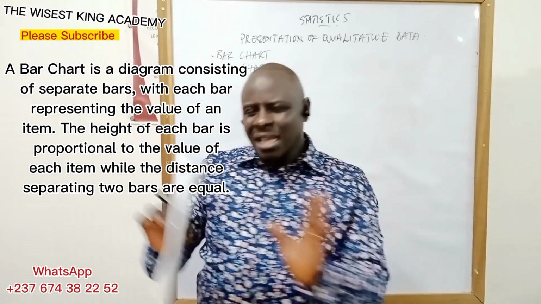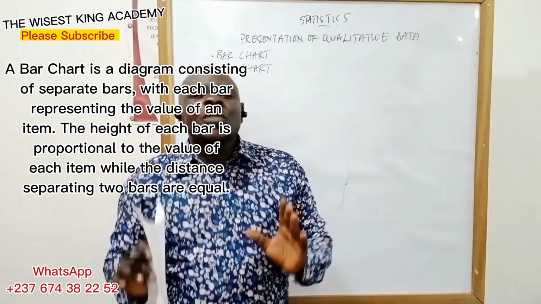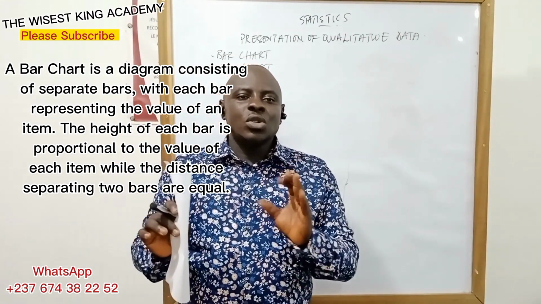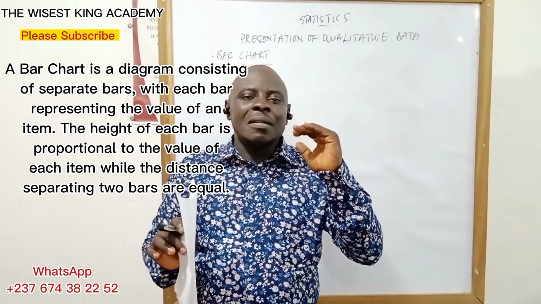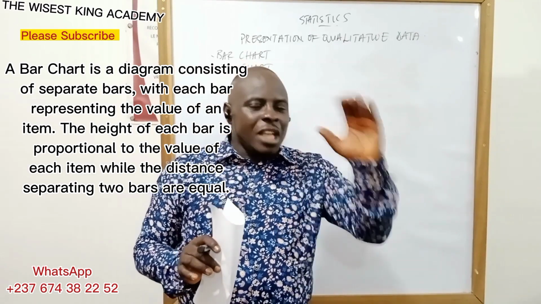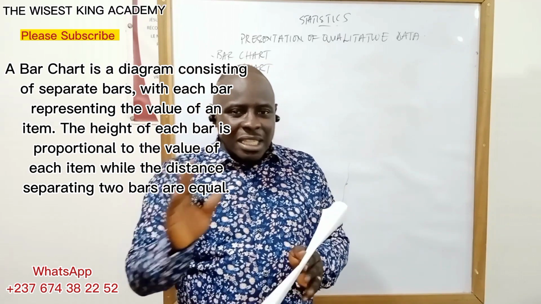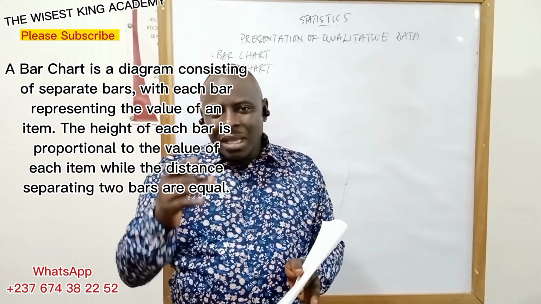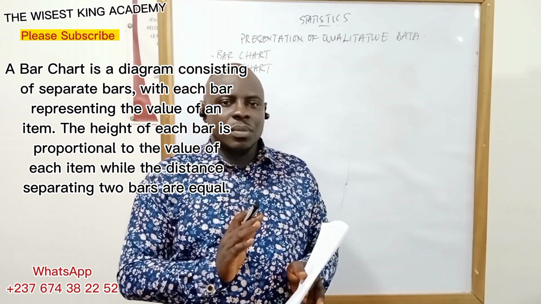Now, the height of each bar is proportionate to the value of each variable. Now, the distance separating each bar is the same. So it means each bar here represents a particular variable.